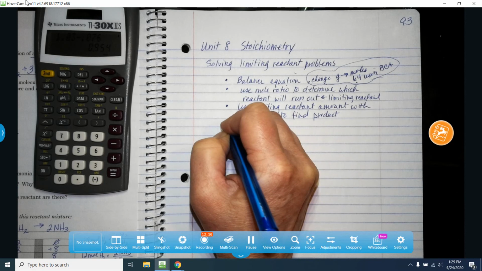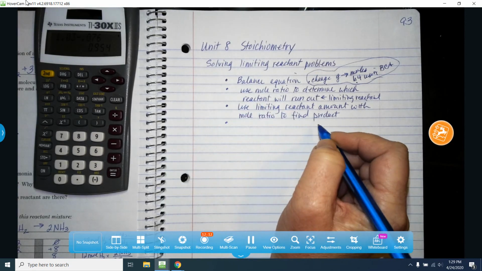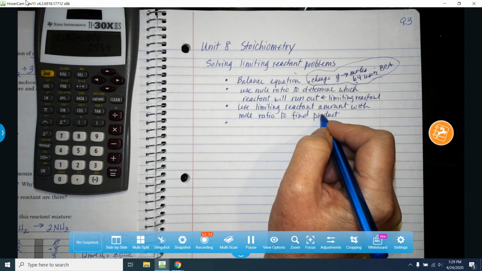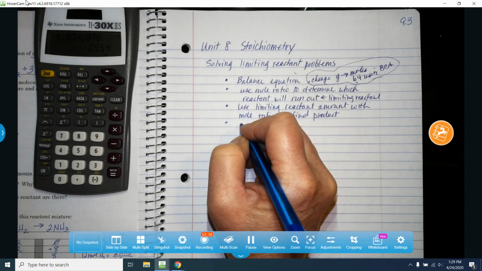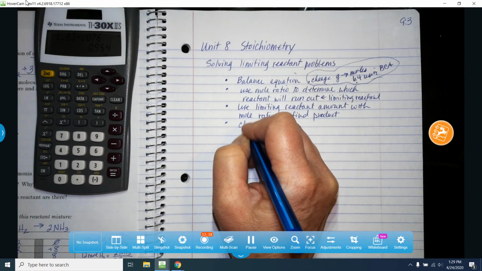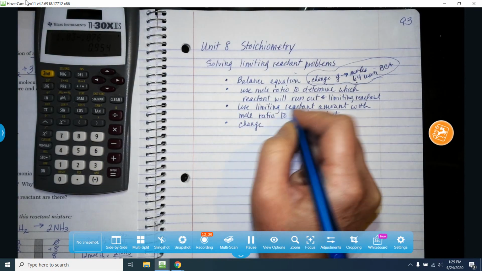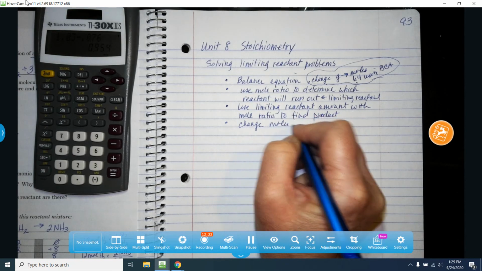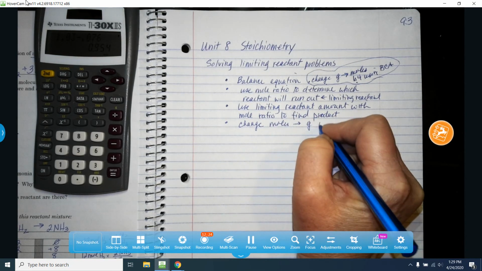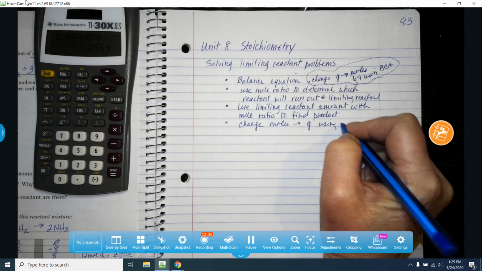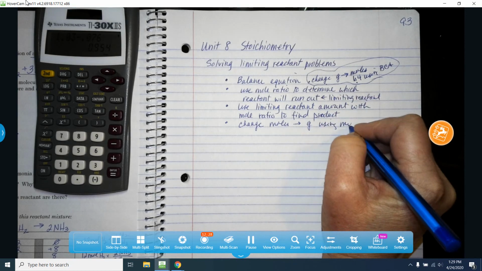And then normally the question will ask you to give the amount of product in grams. So then your last step would be to change moles to grams using molar mass, just like we did up there.